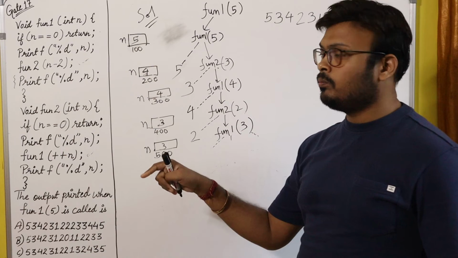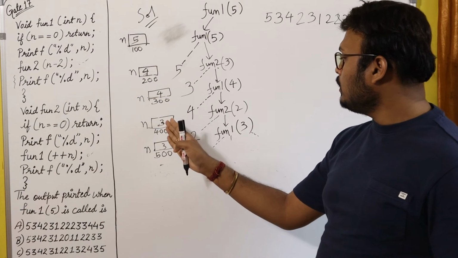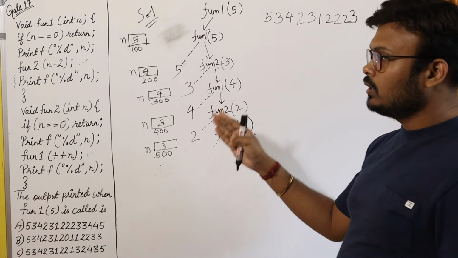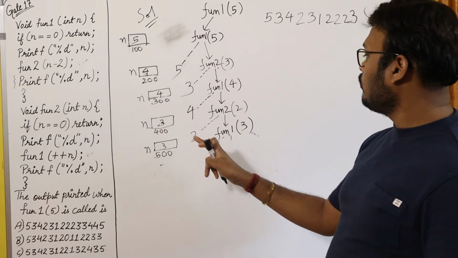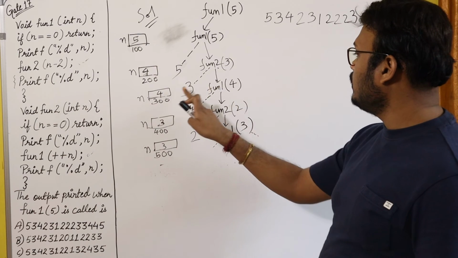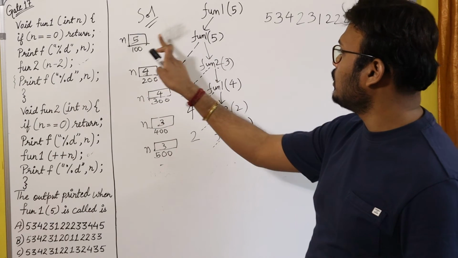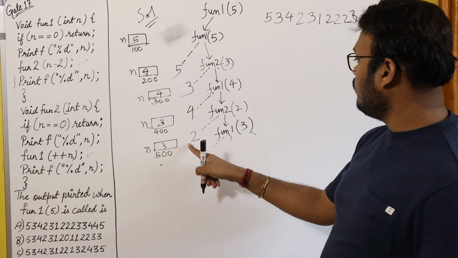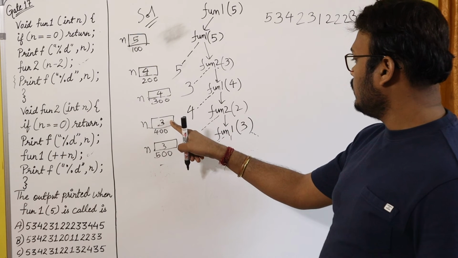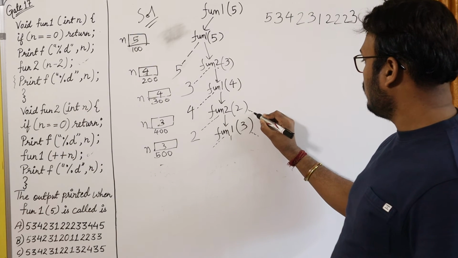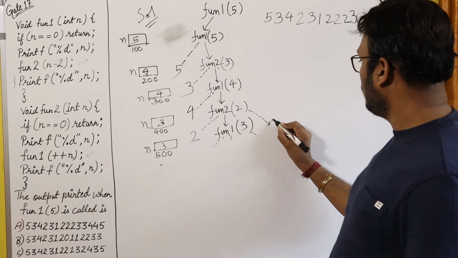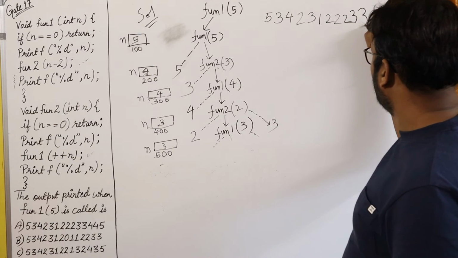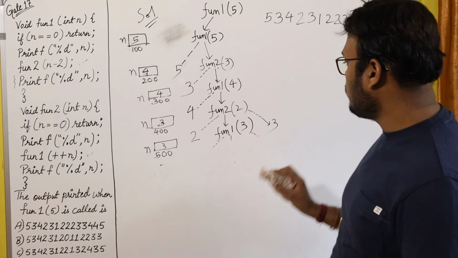You see I have written the value of n correspondingly with the function. For function 2 this n, for function 1 this n, for function 2 this n, for function 1 this n, like this. So now what value will get printed? The value 3 will get printed. So this part is also over.